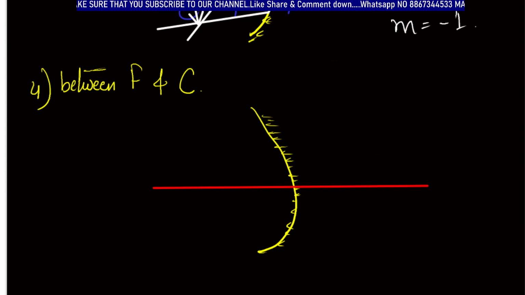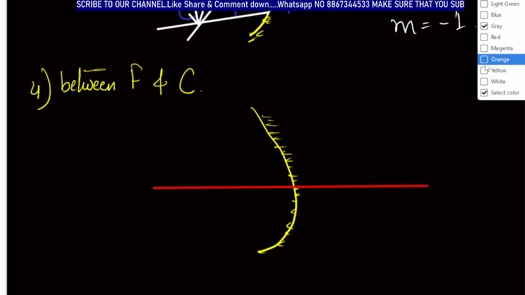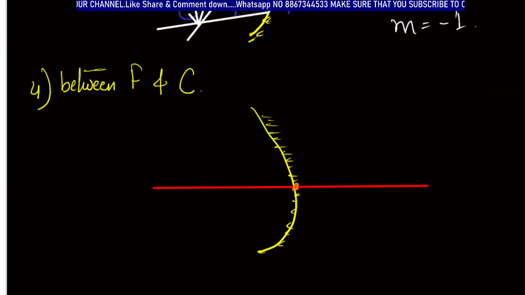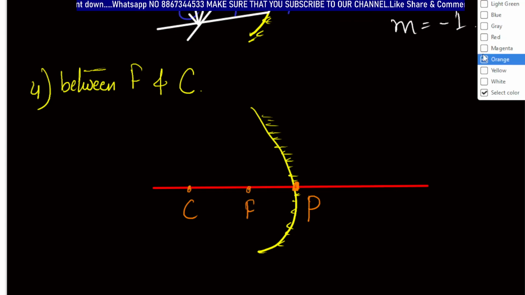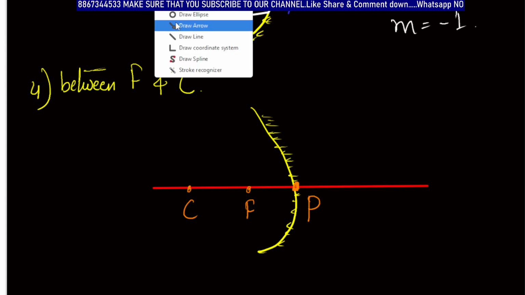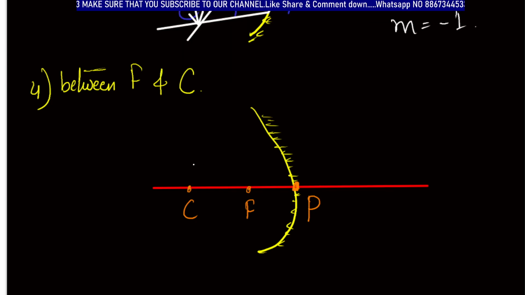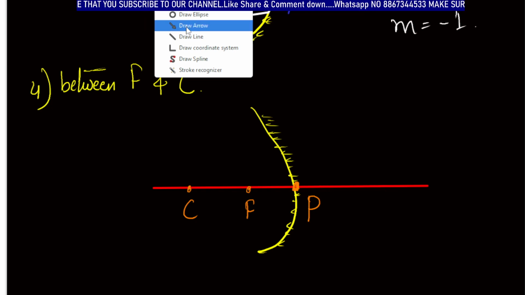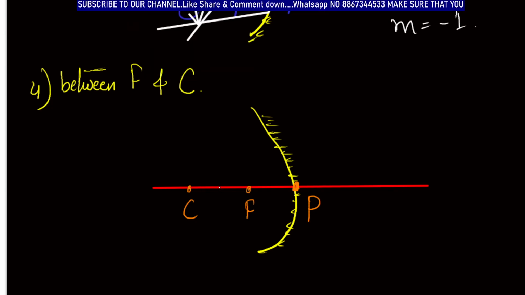This is the pole P. This is the center of curvature. This is the focus, right? So the condition given over here is that the object is between F and C, in the middle part of F and C.